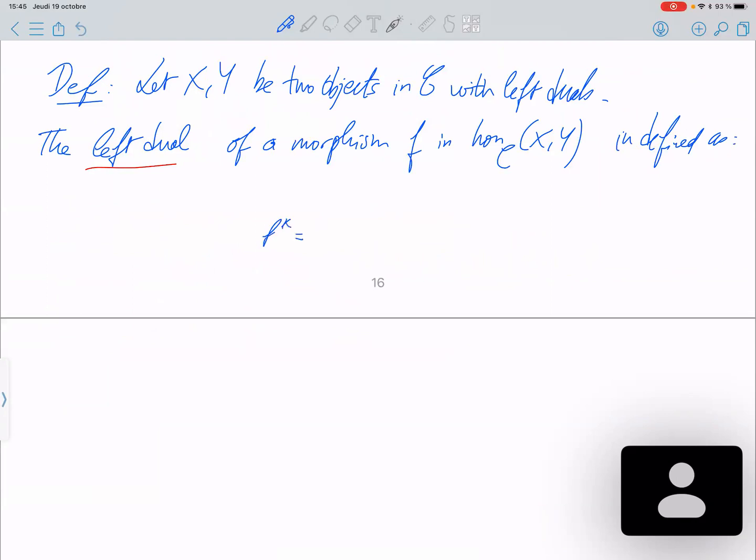F star equals: you have f between X and Y, you apply evaluation and co-evaluation like that, and you get a morphism between Y star and X star.